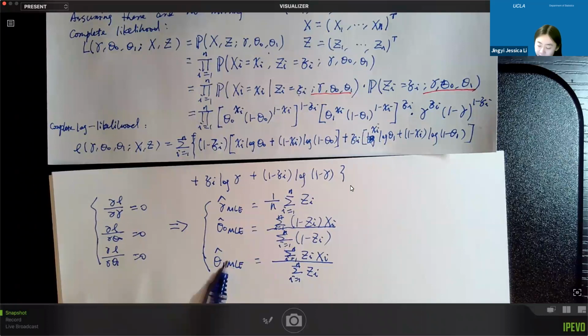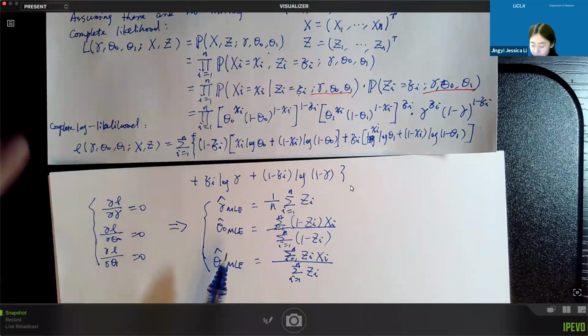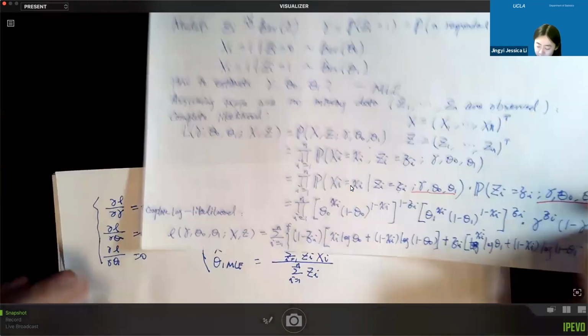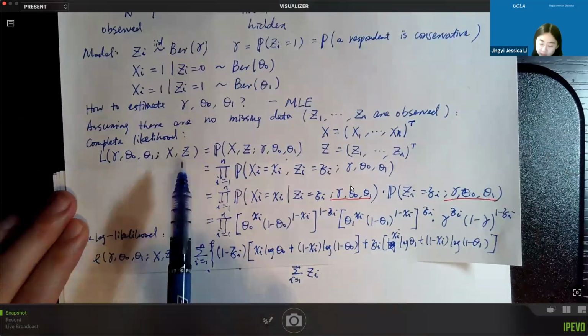So complete likelihood seems very straightforward, right? We can do that after you take the 100B class, I would say. But now the issue is that we are under the missing data scenario. So under the missing data scenario, we cannot write the complete likelihood like this because we don't know Z.